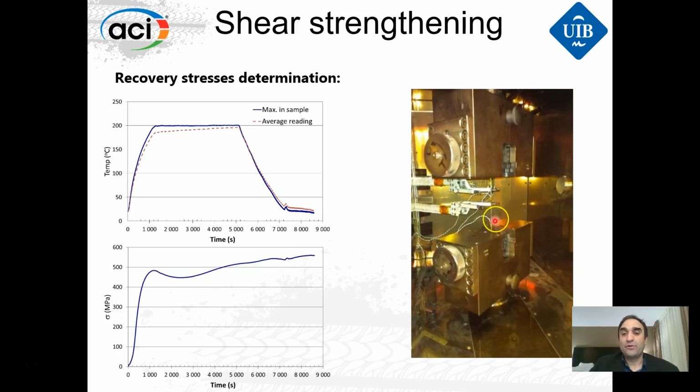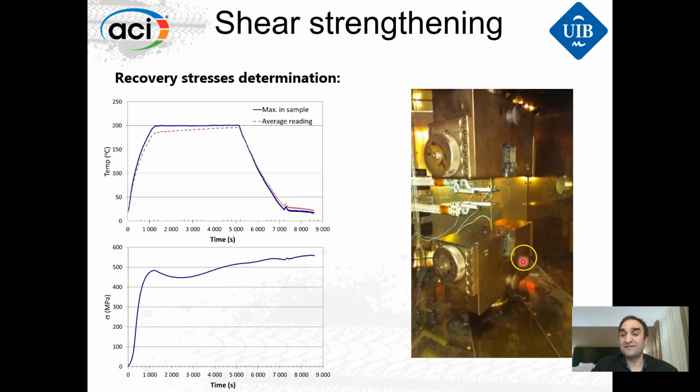What is the value of the recovery stresses? Well, we have tested the material here. You see a sample of, I think, 150 millimeters and a little bit more inside the clamps. And we use a thermal chamber. So we are going to heat the material up to 200 degrees. Then we are going to keep the temperature. The temperature in all the sample is going to rise slowly because we have a problem with the inertia of these clamps.